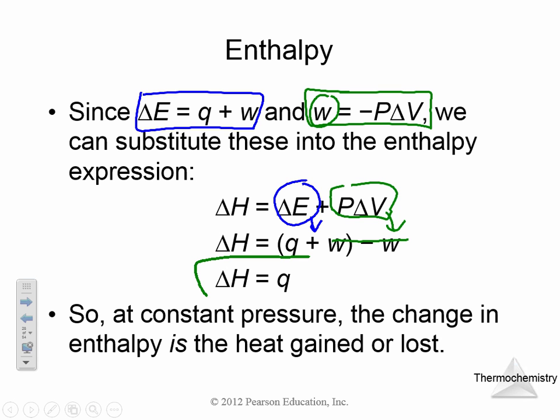That simplifies our equation: change in enthalpy is equal to Q. So at a constant pressure, the change in enthalpy is the heat gained or lost in a system.